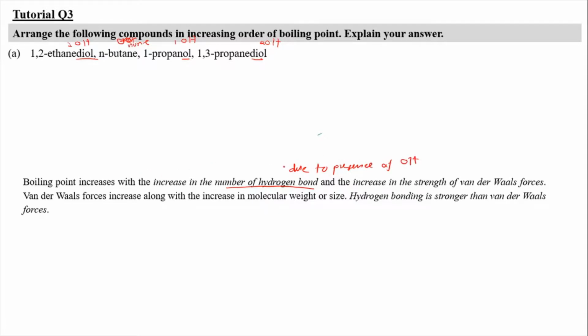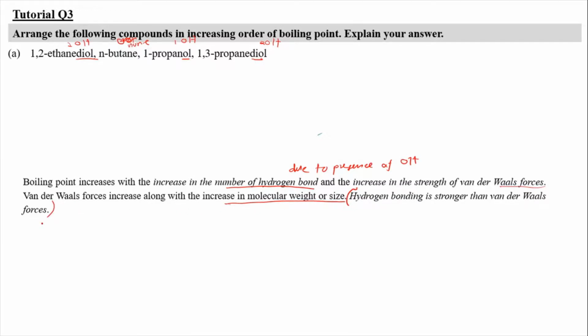The boiling point will also be affected by an increase in the strength of van der Waals forces, which is influenced by the increase in molecular size or weight. And the effect of hydrogen bonding is much stronger than van der Waals forces.